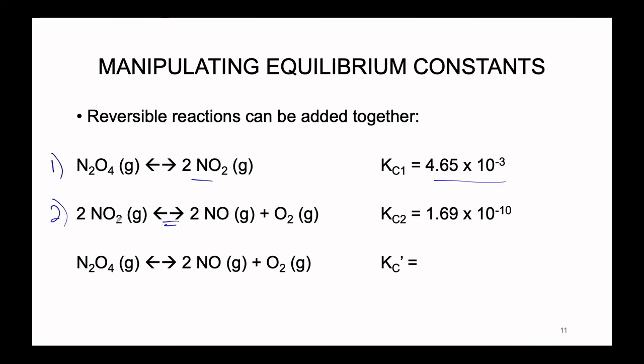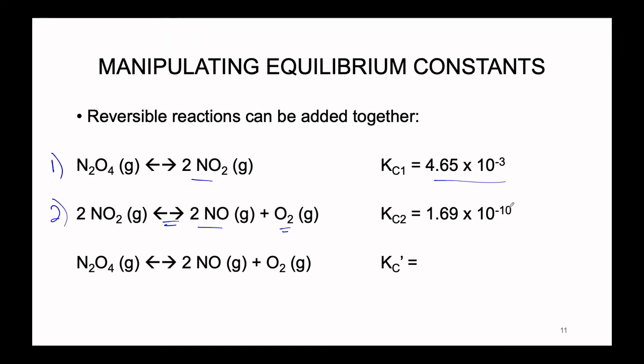The two NO2s are, in this case, decomposing and reacting to create two nitrogen monoxides as well as an oxygen gas. This is actually a reaction that we looked at when discussing reaction mechanisms in Chapter 19, so now we're saying that this reaction can meaningfully be considered a reversible reaction.